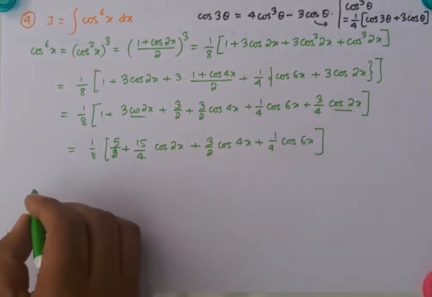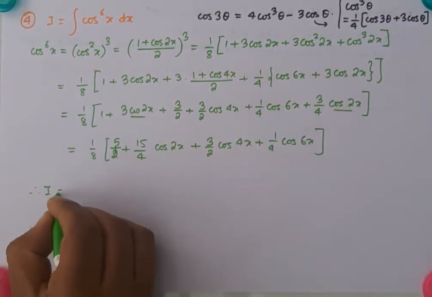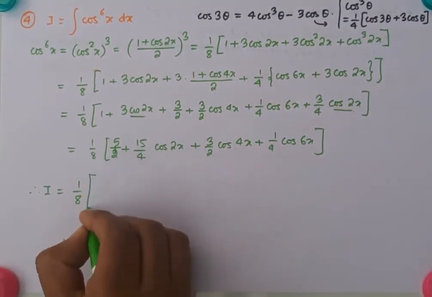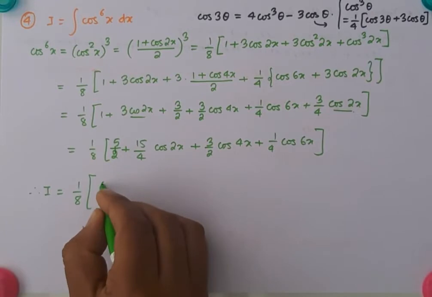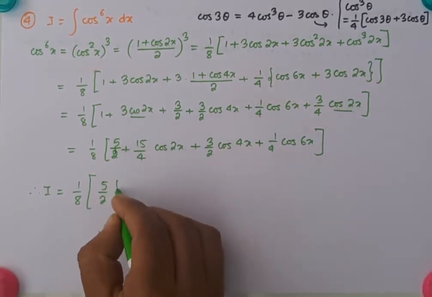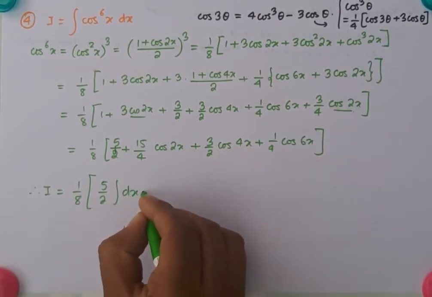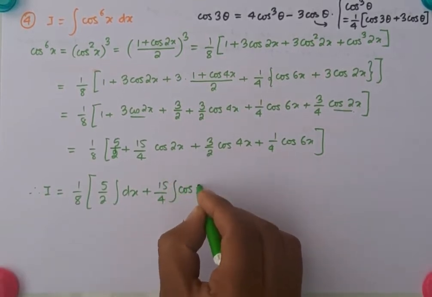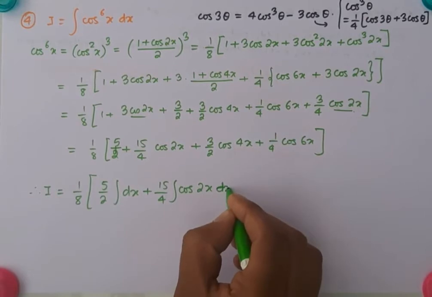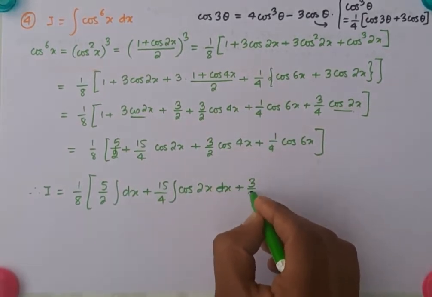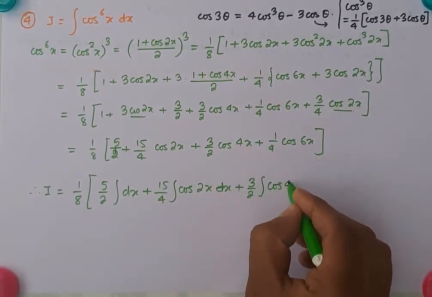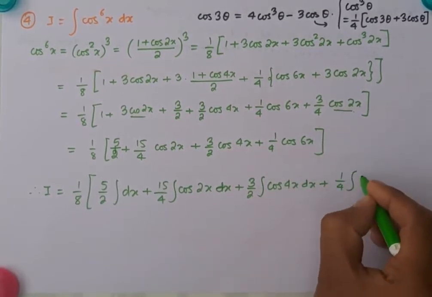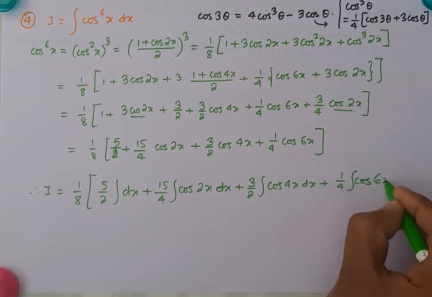Now apply the integral. Your integral I will change into 1 by 8 kept constant, then 5 by 2 is also constant, so it becomes just dx, plus 15 by 4 integral cos 2x dx, plus 3 by 2 is outside, so integral cos 4x dx, plus 1 by 4 integral cos 6x dx.